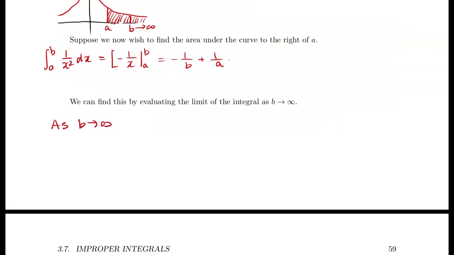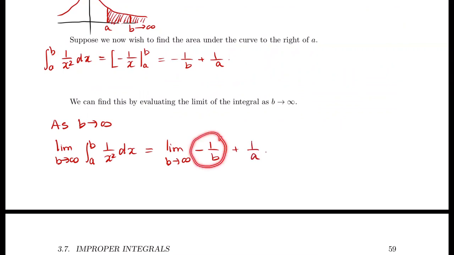So we're saying that the limit as b approaches infinity of the integral of a to b of 1 over x squared dx, which we have already calculated. So we only want just the limit that involves b. So as b approaches infinity of negative 1 over b plus 1 over a. Well, as b approaches infinity, this actually just goes to 0.